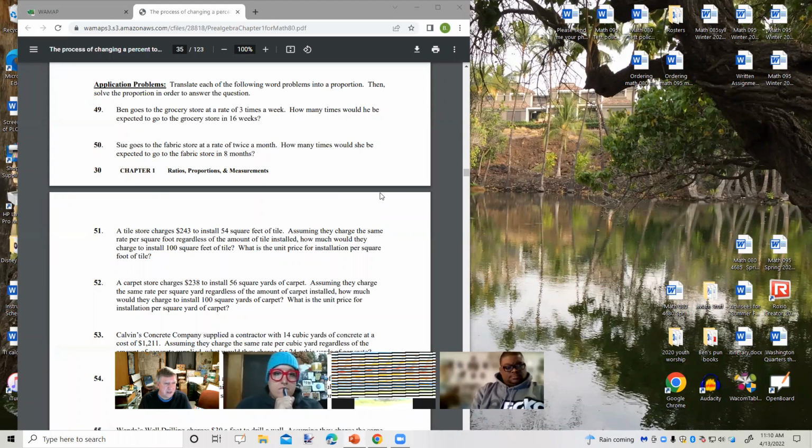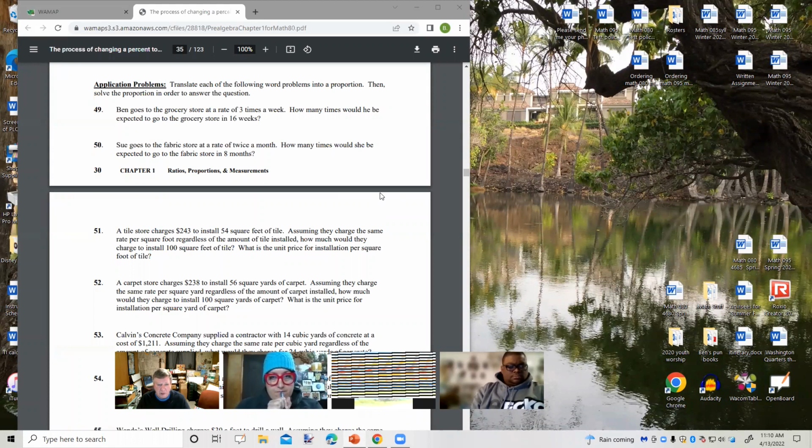It says, translate each of the following word problems into a proportion. Then solve the proportion in order to answer the question. Ben goes to the grocery store at a rate of 3 times a week. How many times would he be expected to go to the grocery store in 16 weeks?